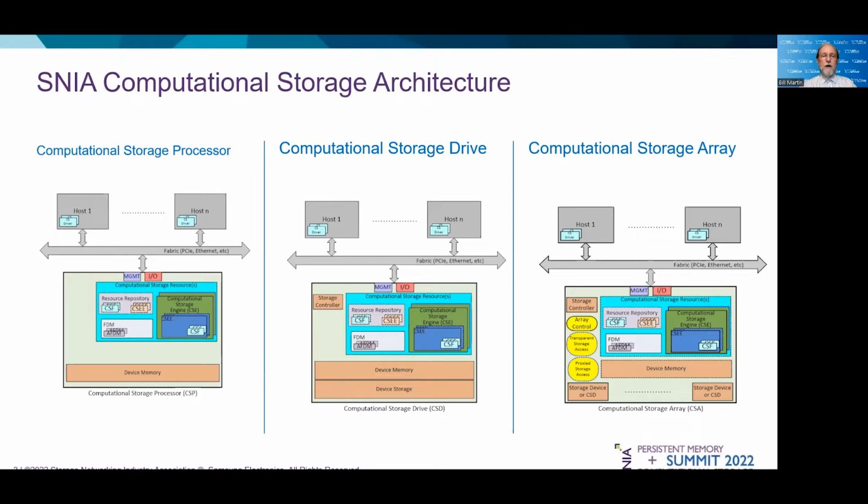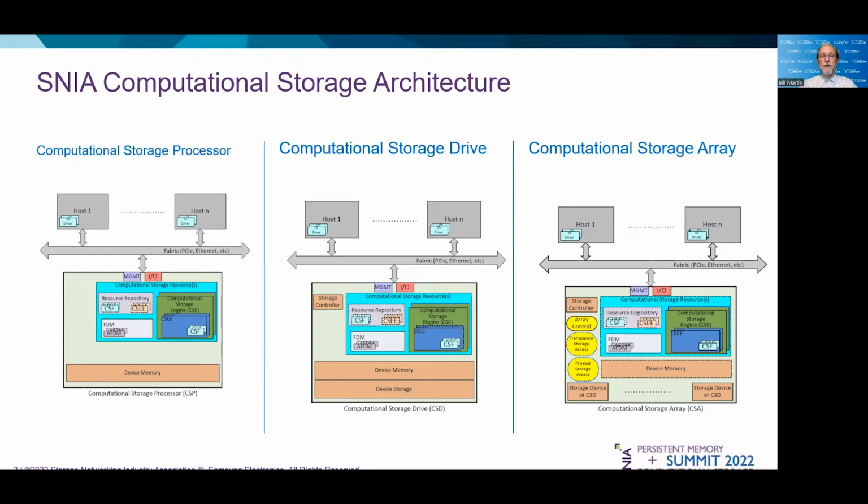So with that, I'd like to dive into the SNIA computational storage architecture model. The SNIA computational storage architecture provides for three different broad models. I'll go over each one now, and then we'll dig into the details of what's within one of those models. So the first of these on the left side here is the computational storage processor.